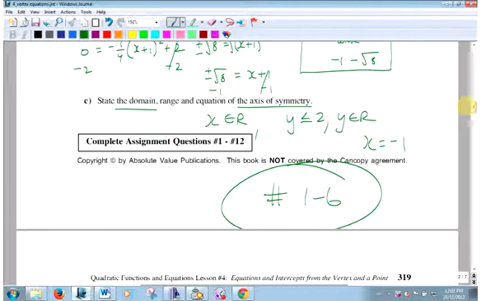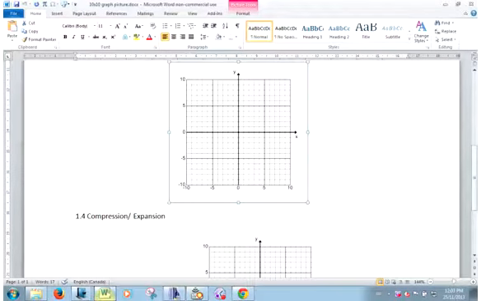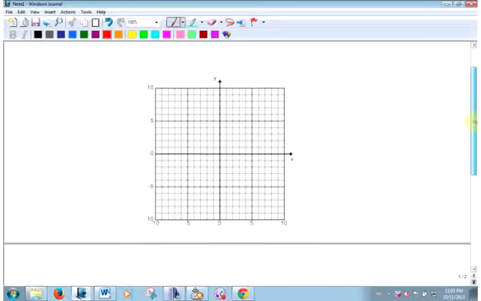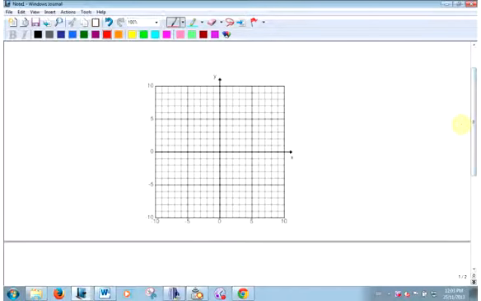Let's finish this up. I just want to say one little thing. Everything is compared to our basic graph. So we always want to compare to this graph. Quickly, how do I graph that thing? If x is 0, y is 0.